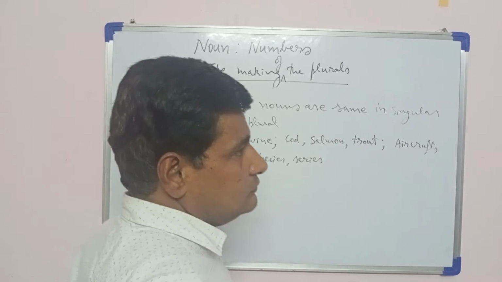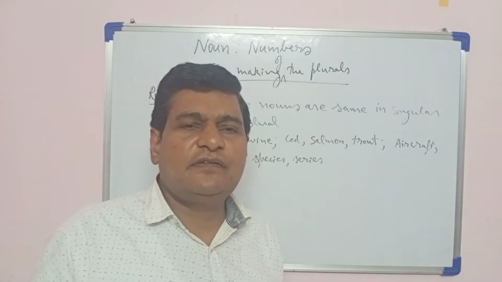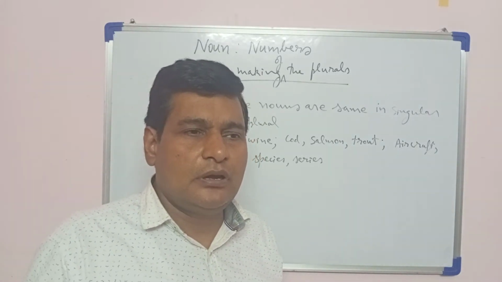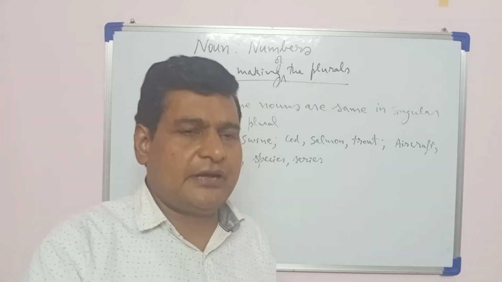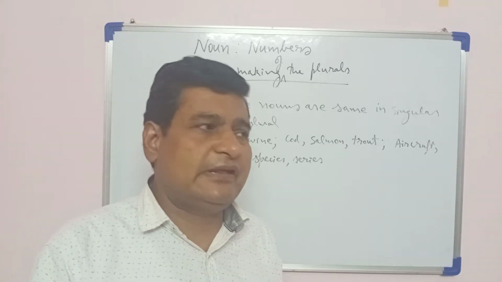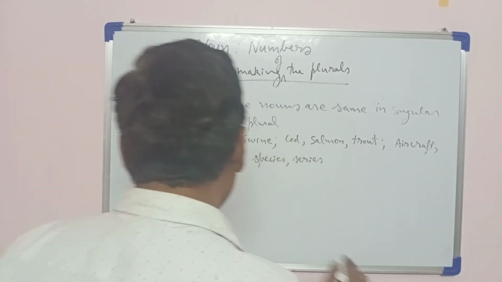There are some other nouns which take some numeral in their plural form, but their form remains the same. They simply take a numeral in order to show that they are in plural.